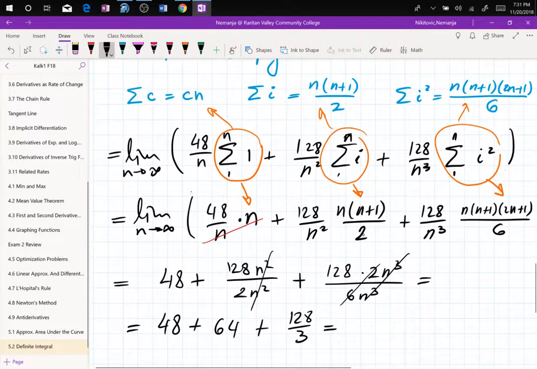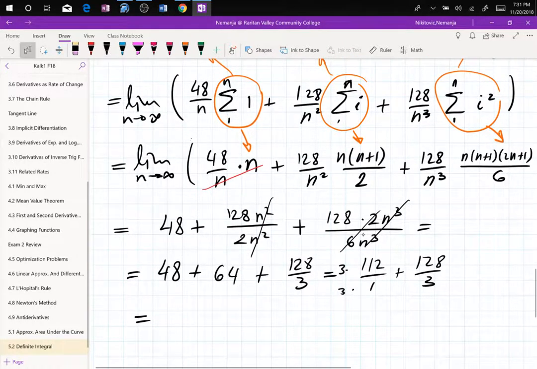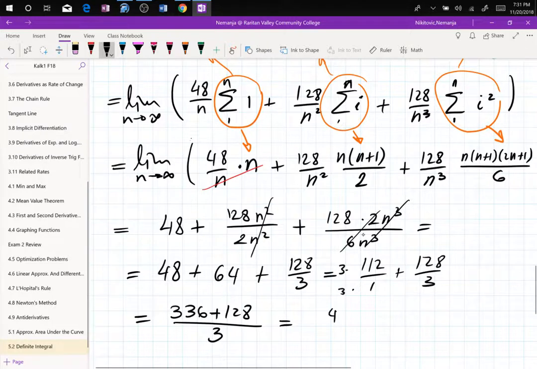This is 112, right? 112 over 1 plus 128 over 3 times 3 times 3. 336 plus 128 divided by 3 for a total of, that's a 4 in the back, and then 6 over here, and then 4, 3, and that's it.